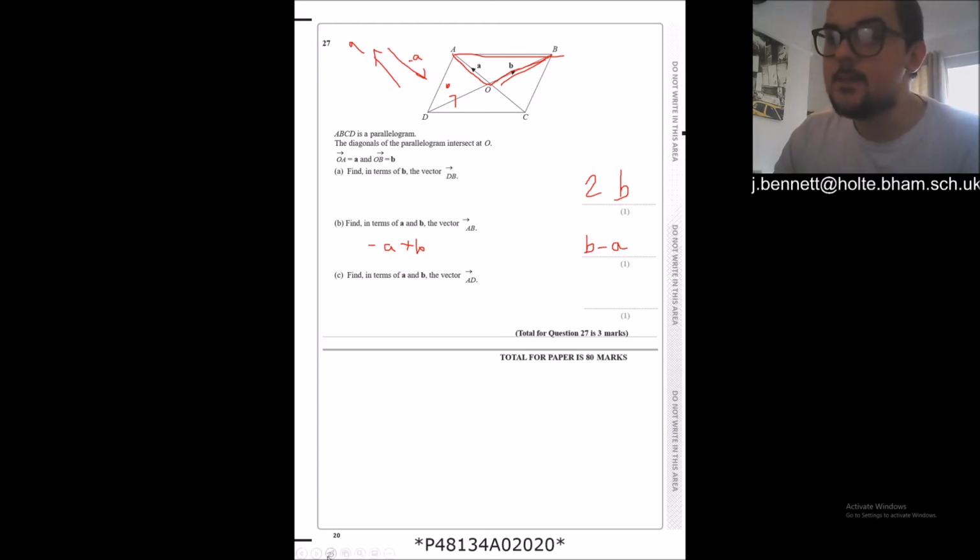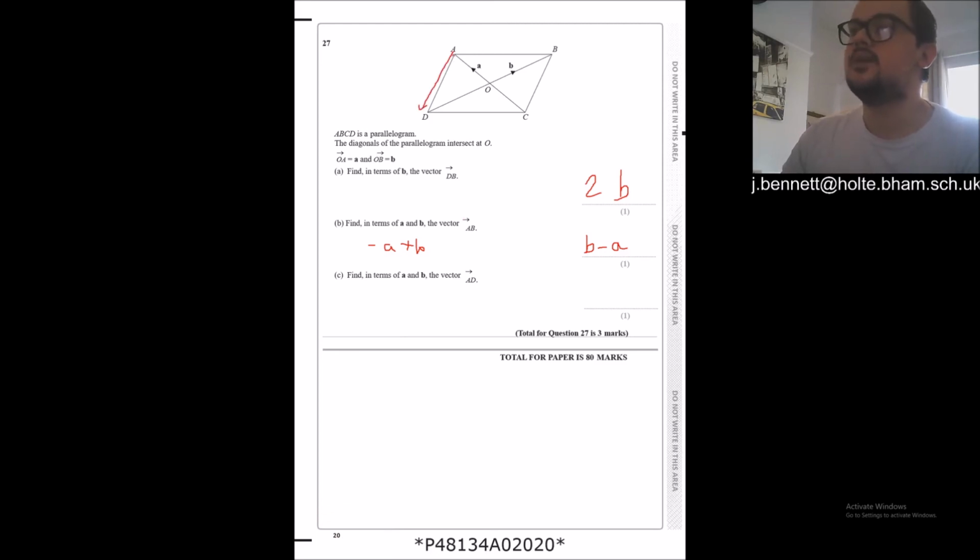Find in terms of a and b the vector AD. So let's go through this question. AD, so we're going from here to there. So we go against the grain from minus a. We go A to O. AO is a, so because we're going backwards, it equals negative a. We said that going from here to here gave us b.